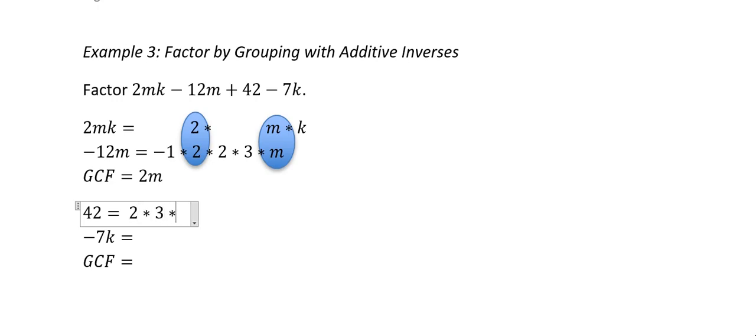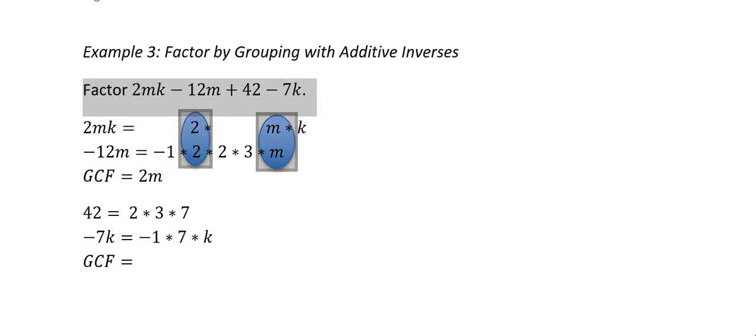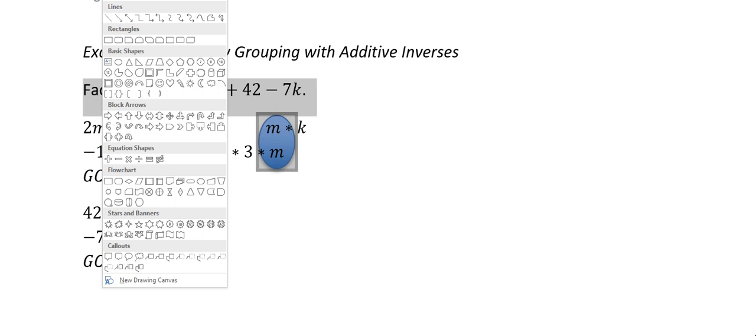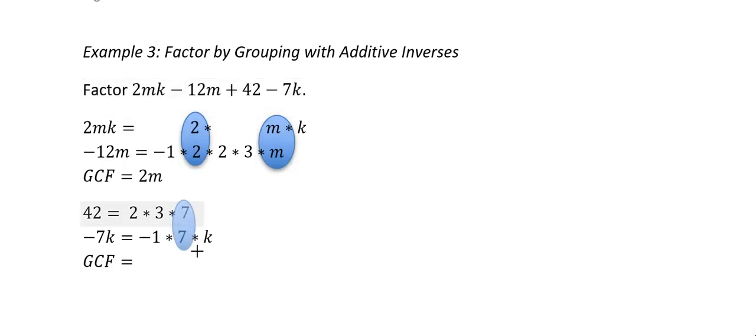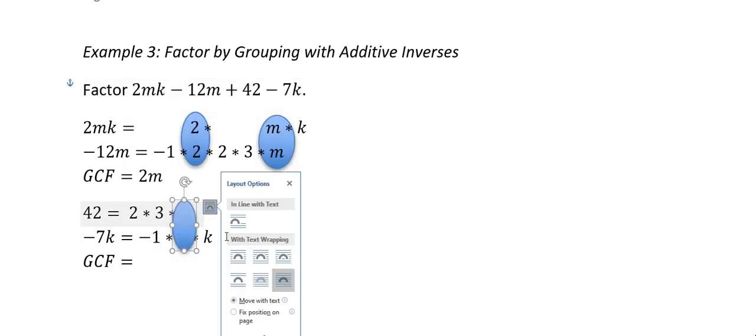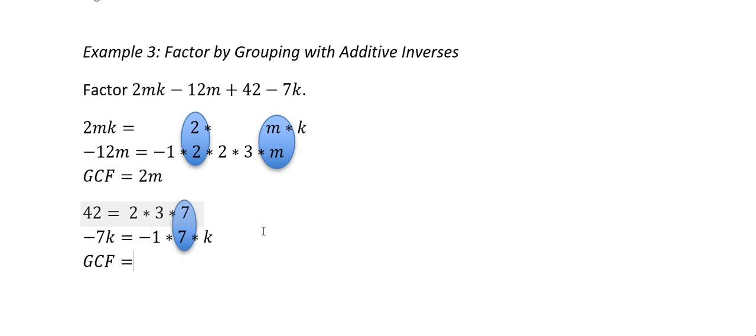Negative 7k, negative 7, so we pull out the negative 1 and the 7, and it just has a variable of k. So what is in common between these two? 2 and 3 are not down here. The only thing is this 7. Everything that's not covered up will become our polynomial. So our GCF here is just 7.